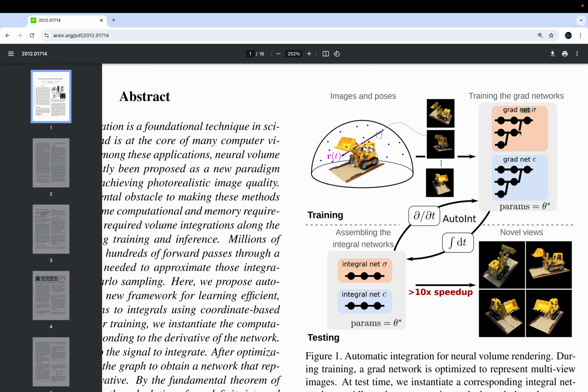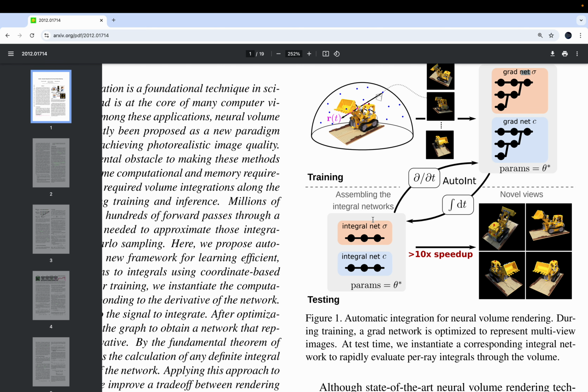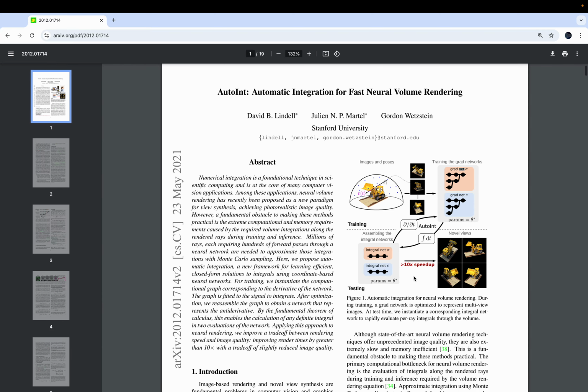We could just use automatic differentiation as well, but that would consume more memory and be less efficient. So during training we differentiate the integral network to get the grad network, but during inference we just use the integral network directly, and that allows up to 10 times speed up. Well, more than 10 times speed up.